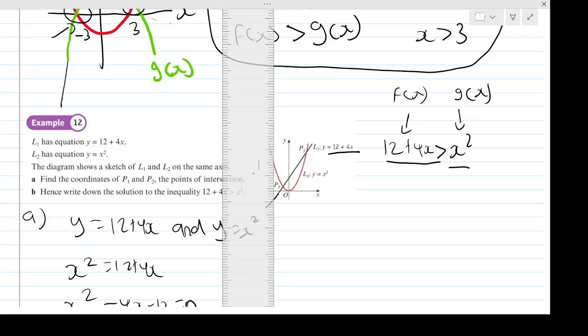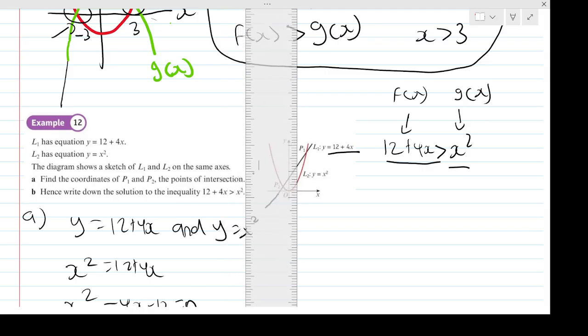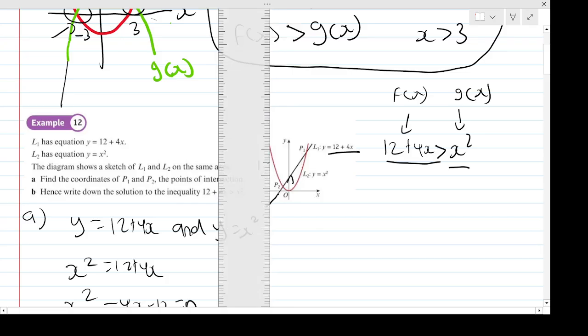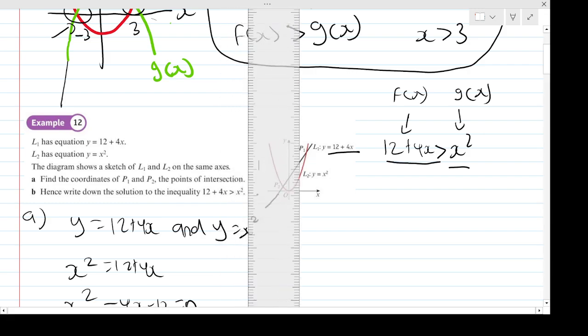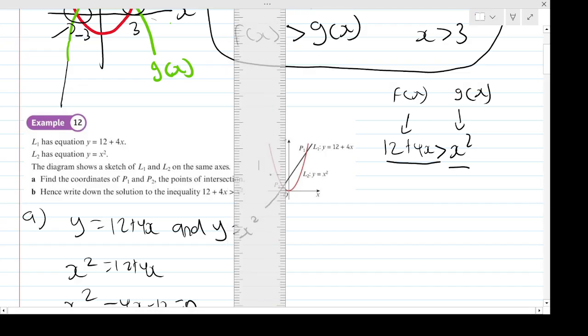But then we reach P2. What happens then? As we keep moving towards P1, hopefully you spot that at this point the line is above the curve. The gap between the line and the curve shows the line is greater than the curve. So that means the line, 12 plus 4x, is greater than x squared between P2 and P1.